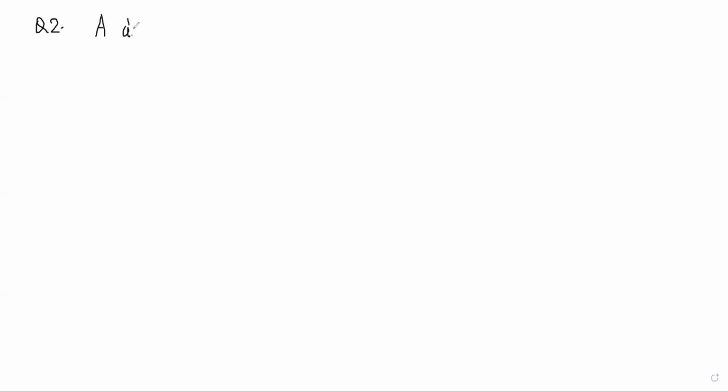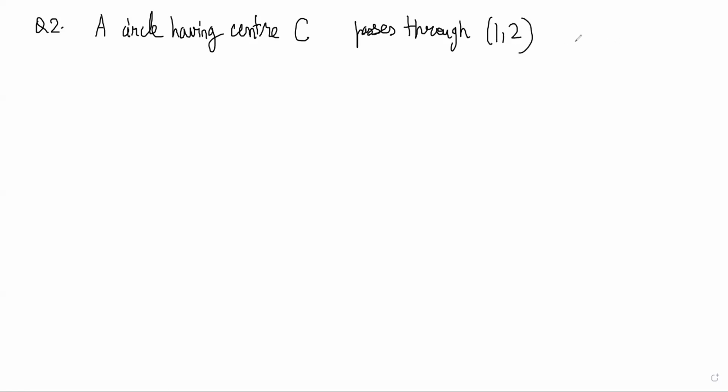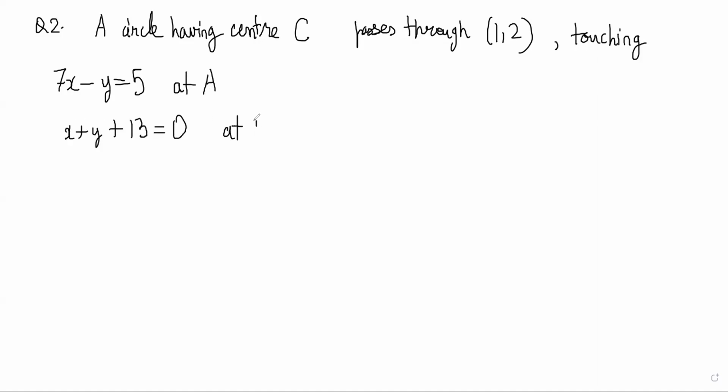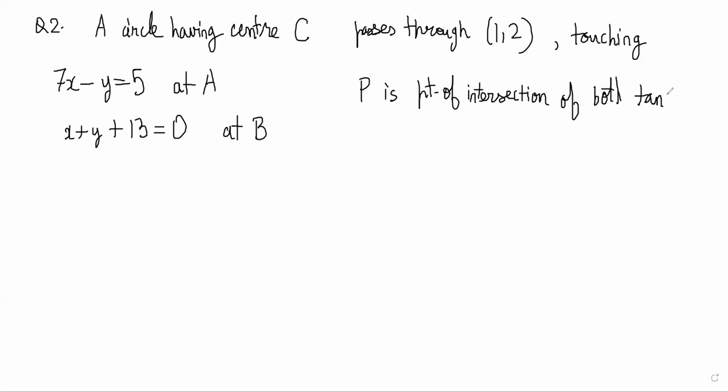A circle having center C passes through 1 comma 2, touching the lines 7x minus y equals 5 at A and x plus y plus 13 at B. P is the point of intersection of both the tangents.